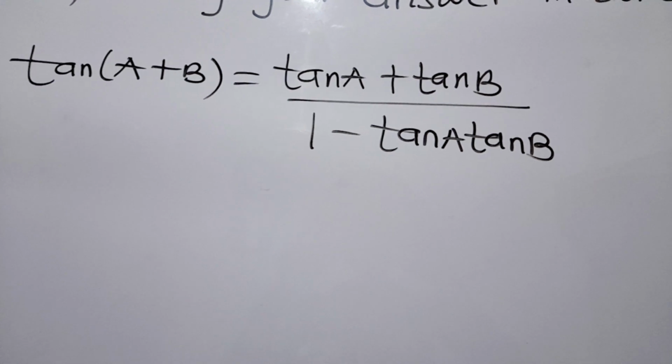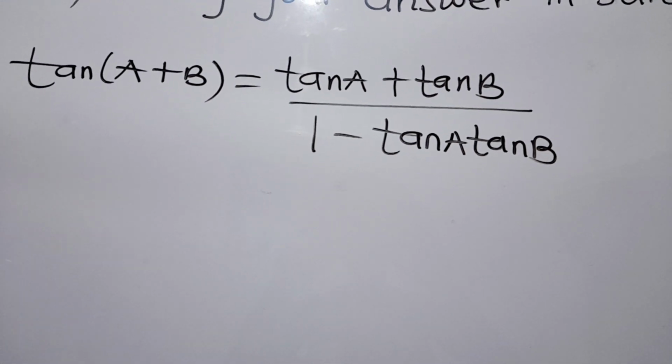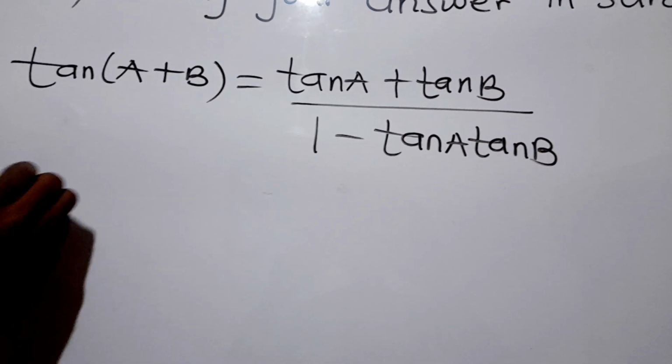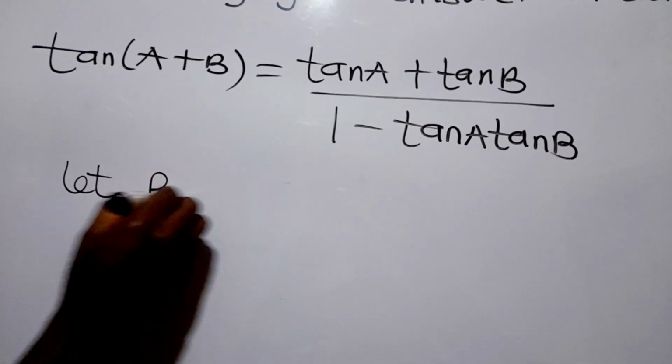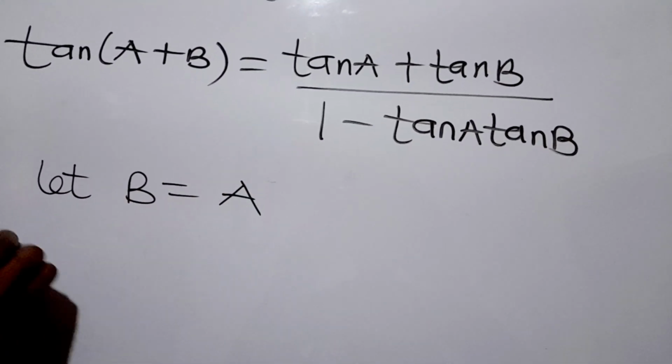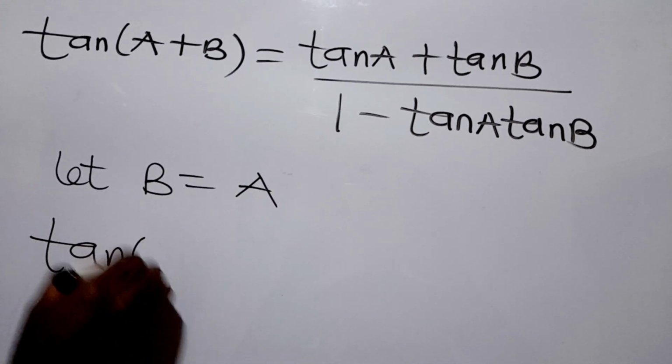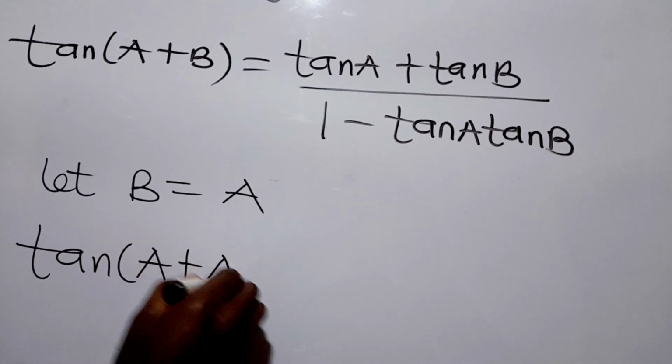Also, if you want to reduce this compound angle formula to double angles, we let B be equal to A. Then we have tan(A plus A).